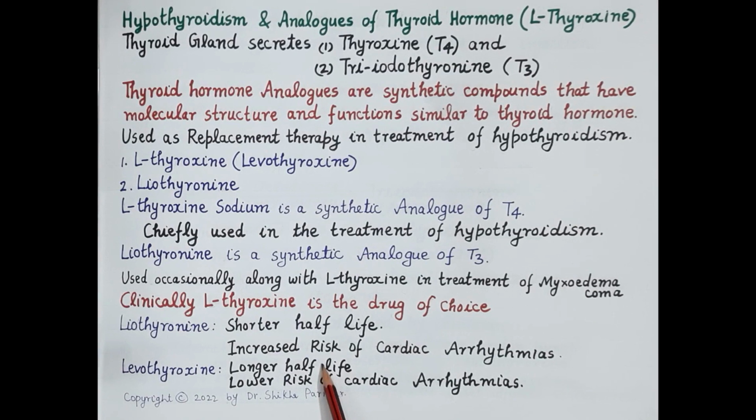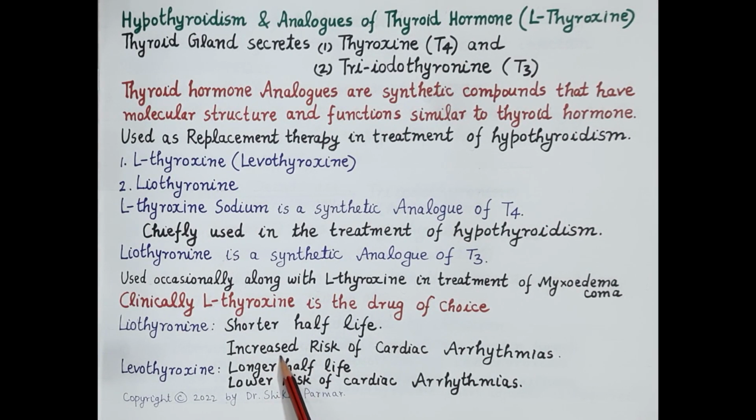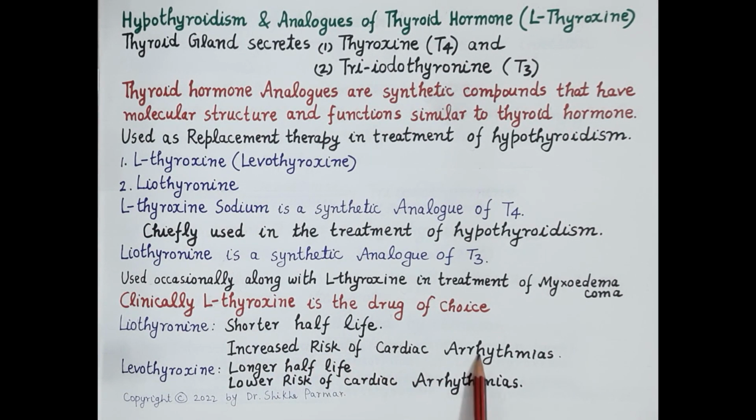In addition to this, L-Threonine has increased risk of cardiac arrhythmias while levothyroxine has a lower risk of cardiac arrhythmias. So, before discussing pharmacology of L-Thyroxine, let's understand hypothyroidism in detail.